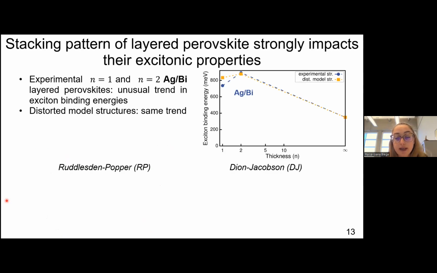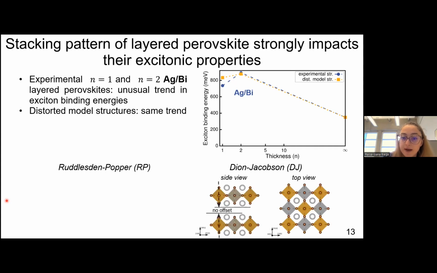And then that pointed us to look into the structures, because that means there is a fundamental difference in the structures. And we actually saw that for the layered systems, there are 2 different well-known phases, Dion-Jacobson and Ruddlesden-Popper.